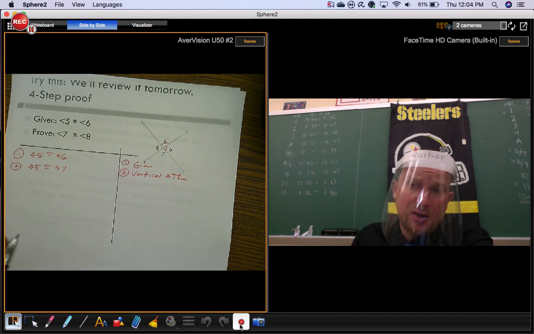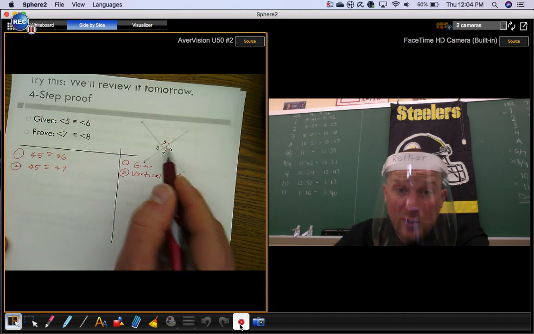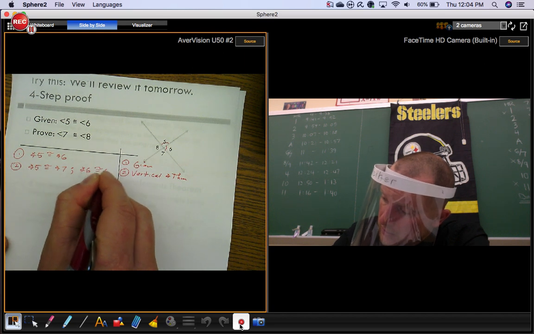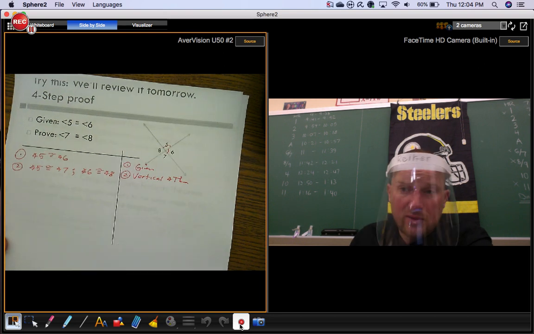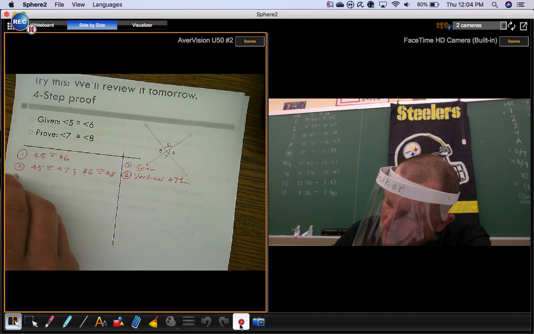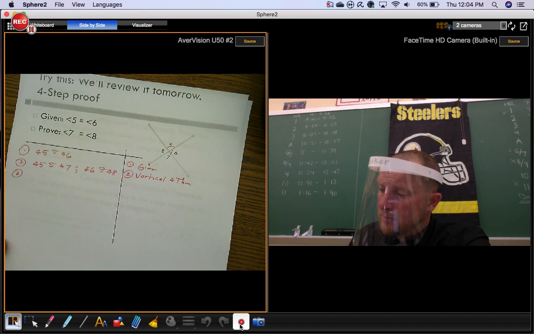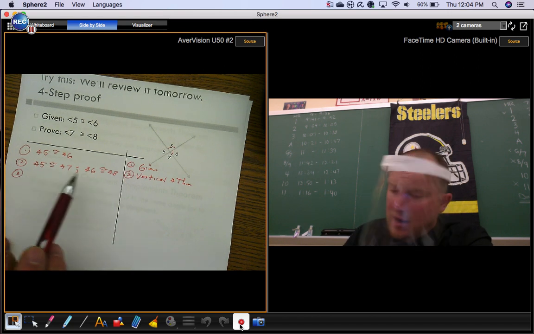But also notice that angle 6 and angle 8 are vertical angles, so I can put that angle 6 is congruent to angle 8 right there. It's the same reason. If you want to split them up, you can. So now we have pairs of congruent angles.